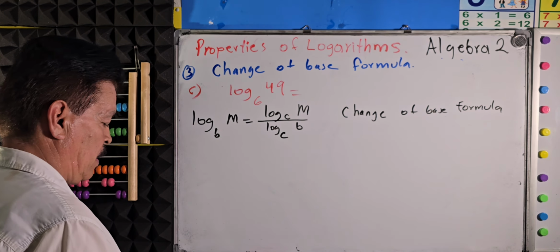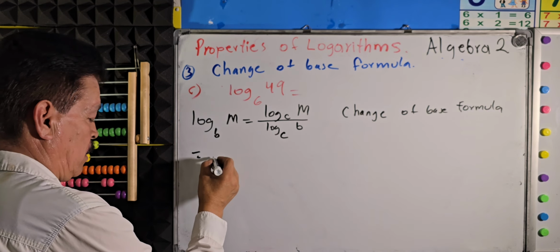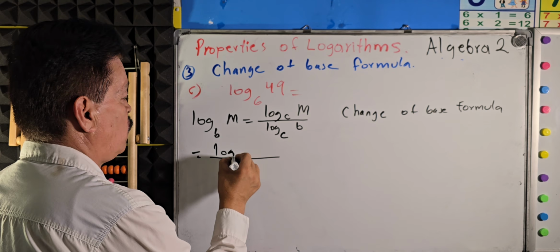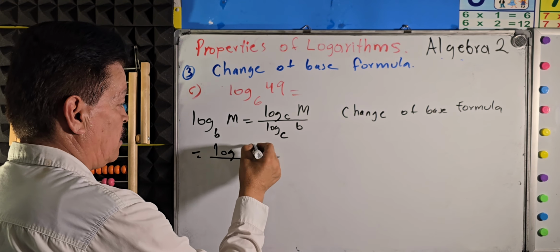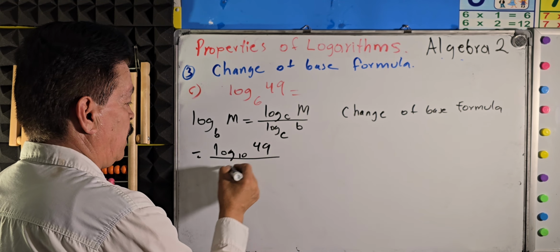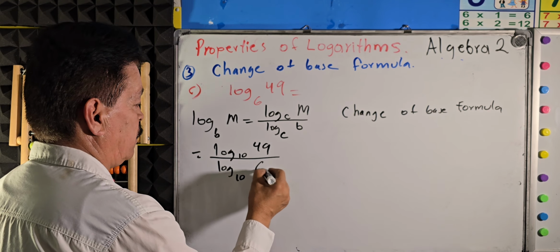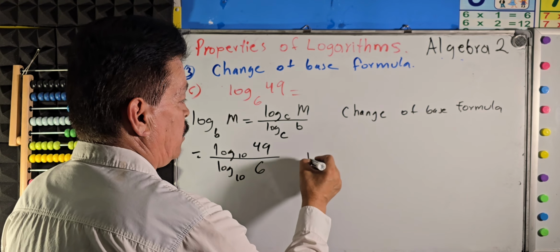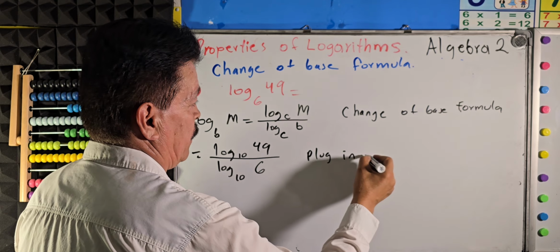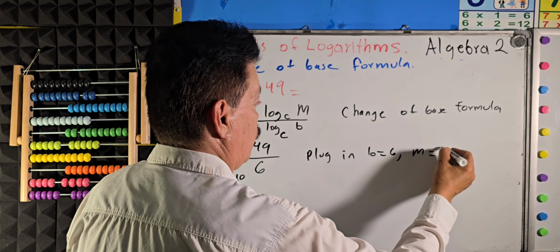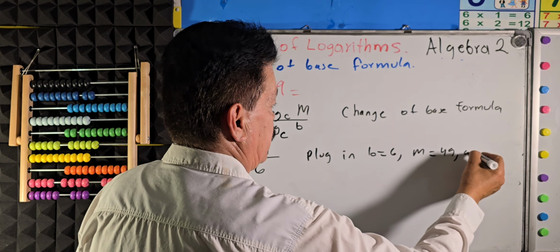Right? So now we simplify and substitute the numbers: 49 here and base 10, divided by log base 10 of 6. So here is plugging in: b equals 6, m equals 49, and c equals 10.